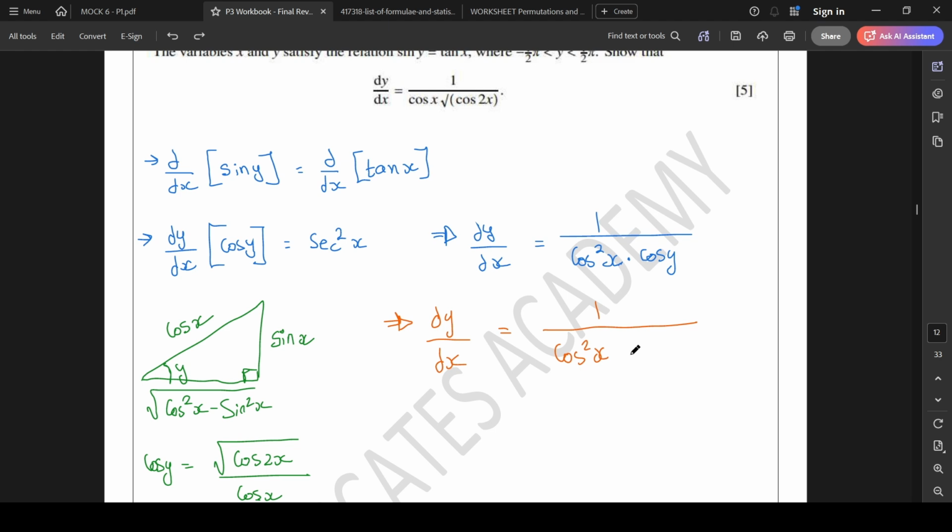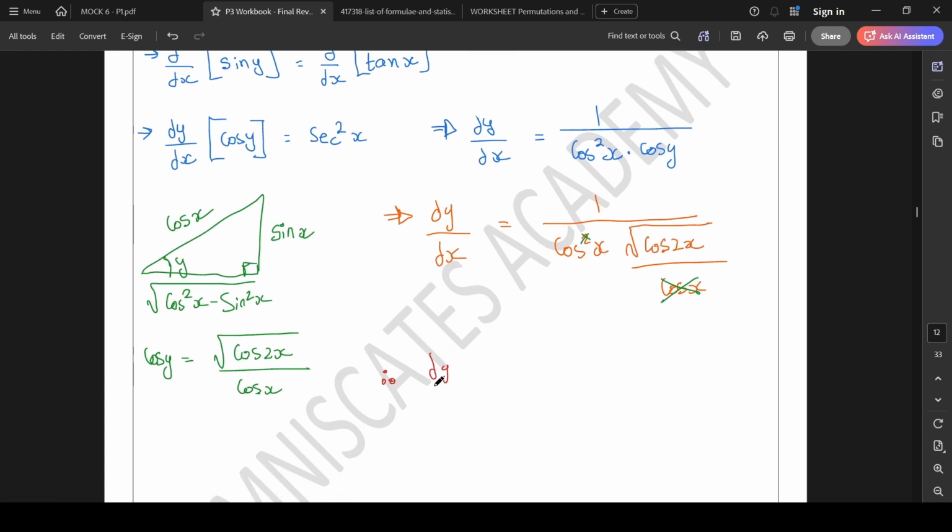It will be square root of cos 2x divided by cos x. So as I had mentioned, one of the cos gets cancelled with this cos, and you are getting this format as we wanted. So therefore, my dy/dx is equal to 1 by cos x times square root of cos 2x.